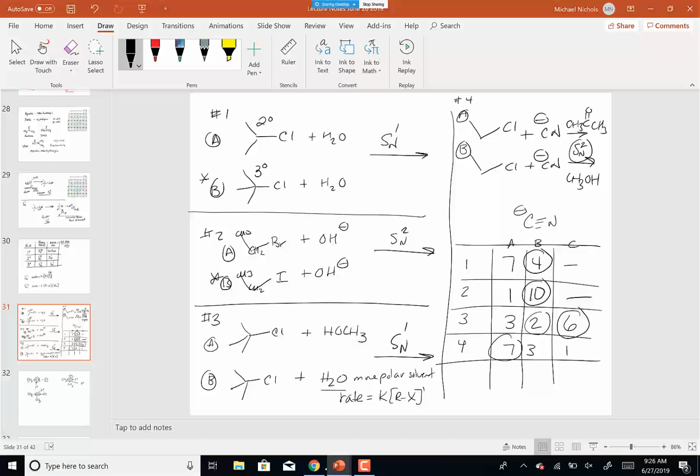So SN2, different solvent, protic versus aprotic. The protic slows it down because it solvates the ions, the nucleophile that's trying to react. Yes. So protic and aprotic, basically protic is something with an OH group, and aprotic is something without an OH group.